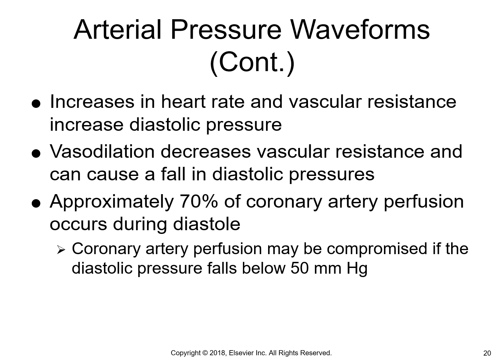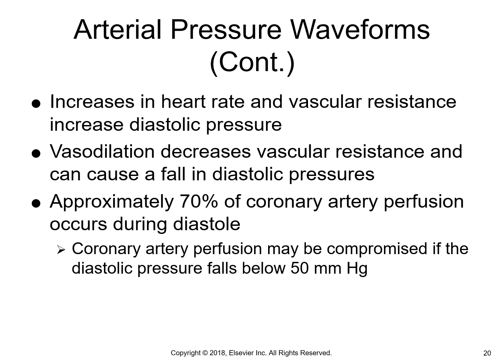Increases in heart rate and vascular resistance are obviously going to increase our diastolic blood pressure. Vasodilation is going to decrease our vascular resistance and then cause a fall in diastolic blood pressure. And diastolic blood pressure is important because that is when most of the coronary artery perfusion is actually happening.